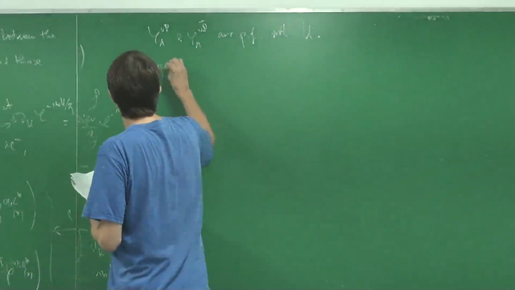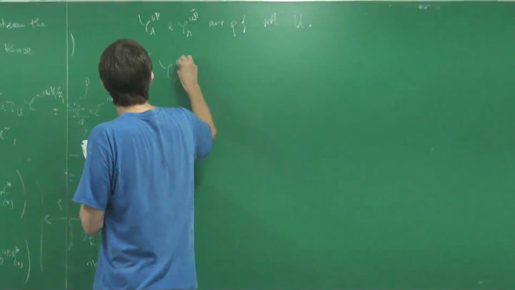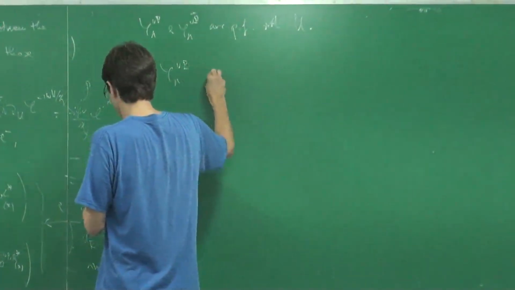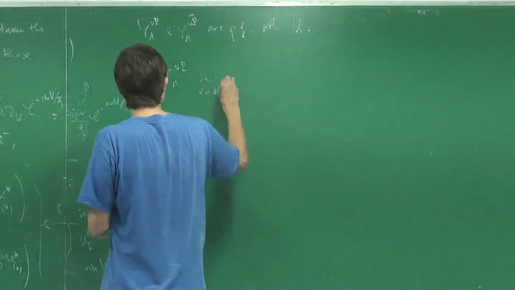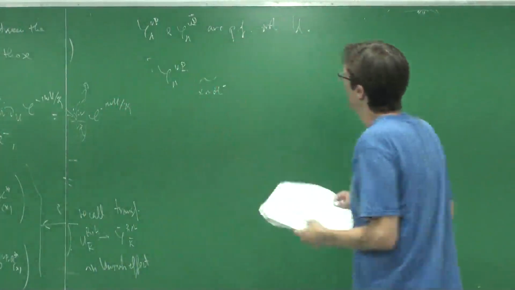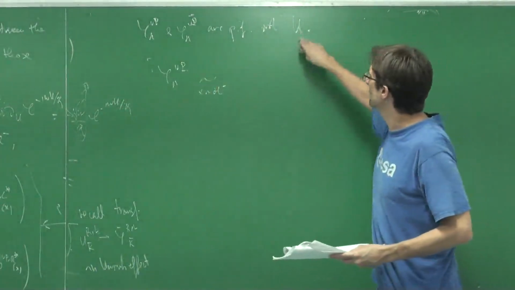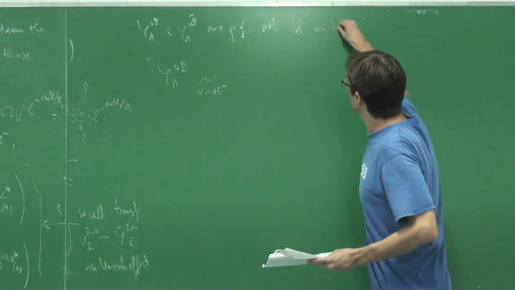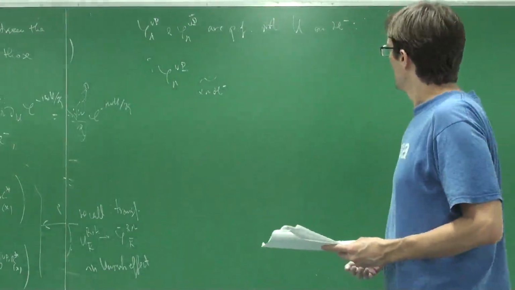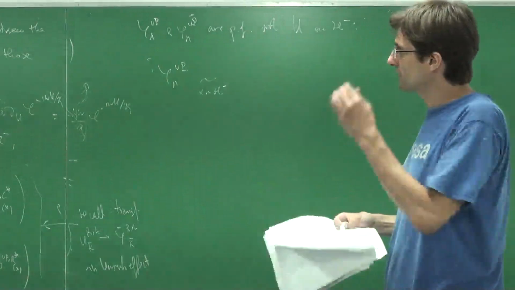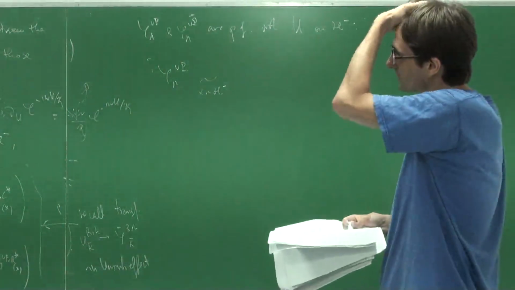Okay. So phi lambda up, sorry, is positive frequency with respect to U on H minus. So let's look at the values of these modes on H minus.